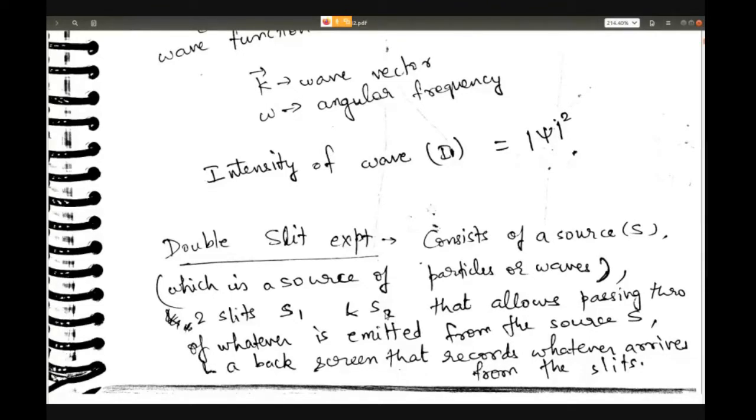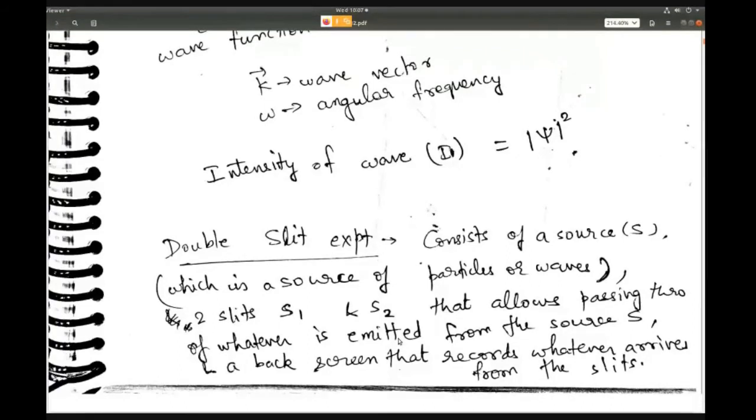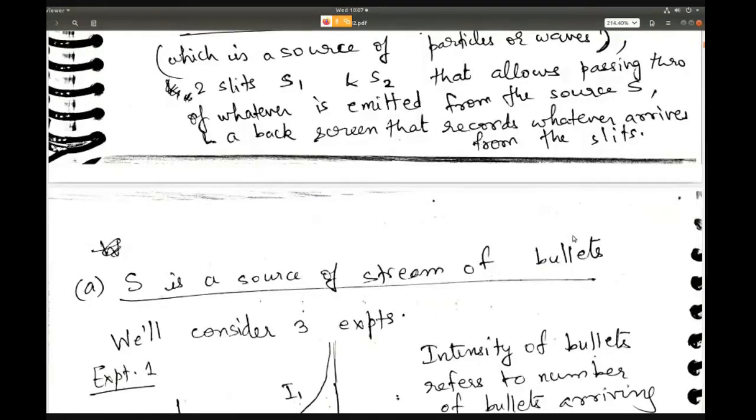The particles or waves coming from the source can pass through these two slits, and whatever passes through is collected on a photographic plate placed a further distance away from the wall. Then you record the intensity that way. So let's look at the experiment.